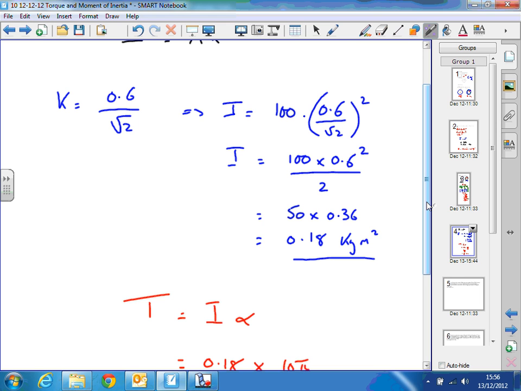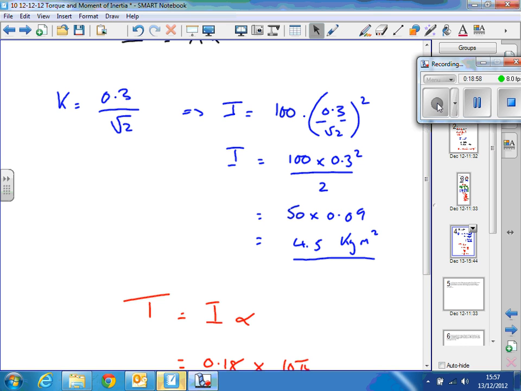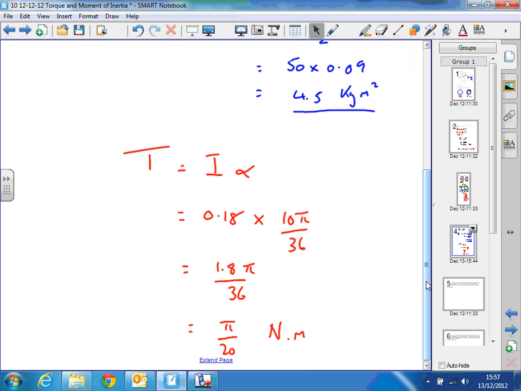Yes, I have gone wrong. 0.6 is the diameter, so it should be 0.3. Well spotted. So now I need to change this. That gives us I equal to 4.5, so therefore the torque will turn out to be 4.5 times that, which gives us a different answer altogether.